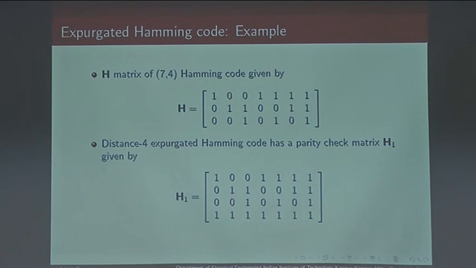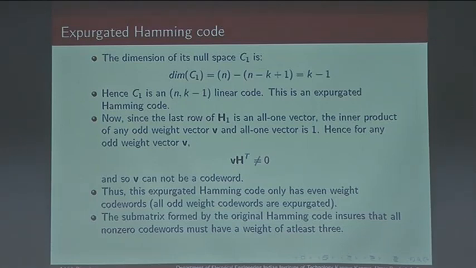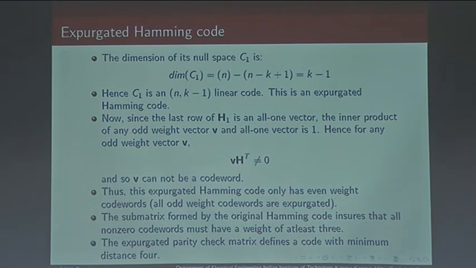I am not remembering the name at the moment, I think that is augmentation, but I will check the name. That would be the opposite of expurgation, where you actually add code words.